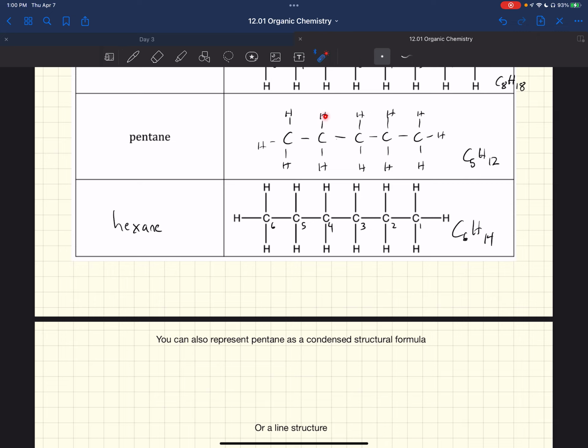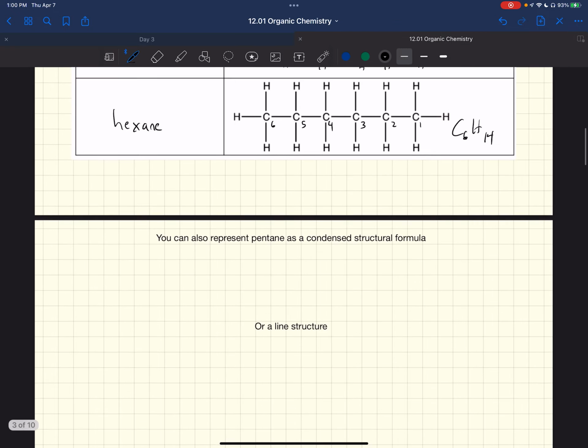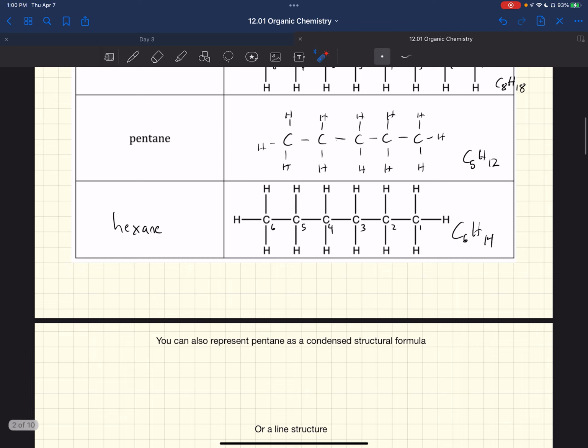Yeah, let's continue on. So we can also represent pentane. So again, here's pentane, C5H12. We can represent that as what's called a condensed structural formula. So on this first carbon, there are 3 hydrogens attached. So I write CH3.